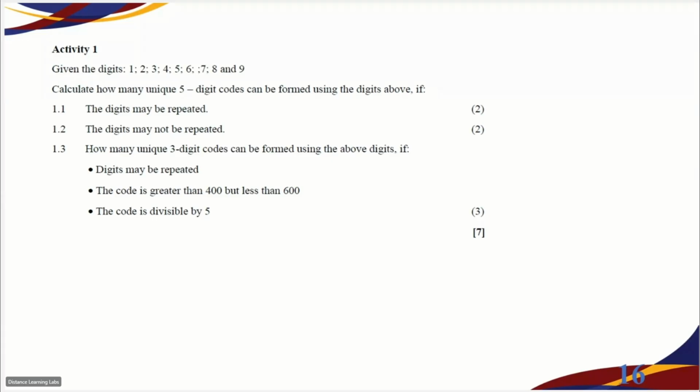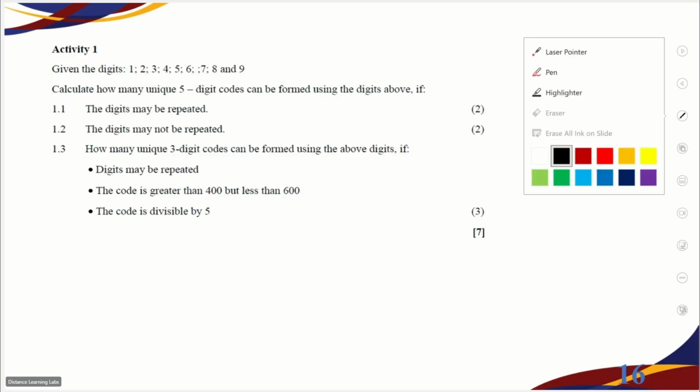it's 3 questions. Given the digits 1, 2, 3, 4, 5, 6, 7, 8 and 9, meaning in total here we have 9 digits from 1 up to 9.